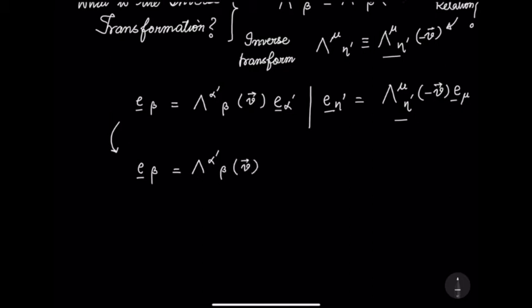But now I can write e alpha prime from here. So what will e alpha prime be? Wherever I have eta prime, I have to replace it by alpha prime. So this will be lambda mu alpha prime of minus v, and then e mu.